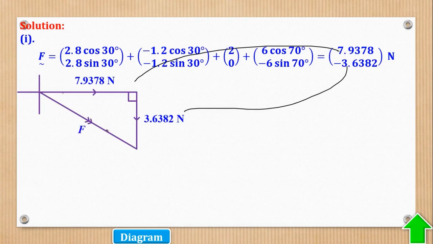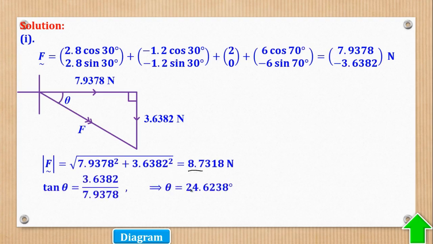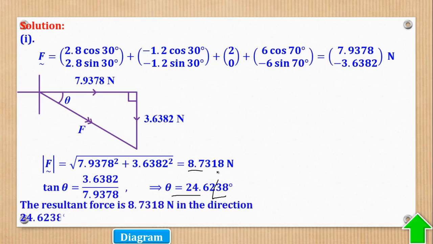The line from start to end will be our resultant force, and this theta will be the direction. So the resultant force magnitude will be this, and the direction will be that. Here we used 4 decimal places, but it is advisable to use 2 decimal places. Therefore, the resultant force is that, and in the direction this, below the positive horizontal.